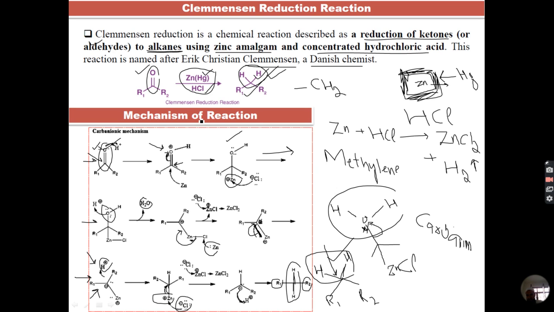This is called the Clemmensen reduction. So it is the reduction of carbonyl compounds, in particular ketones, with the help of zinc amalgam, zinc coated with mercury, in presence of concentrated acid. It results in the formation of hydrocarbons. So this is all about our Clemmensen reduction.